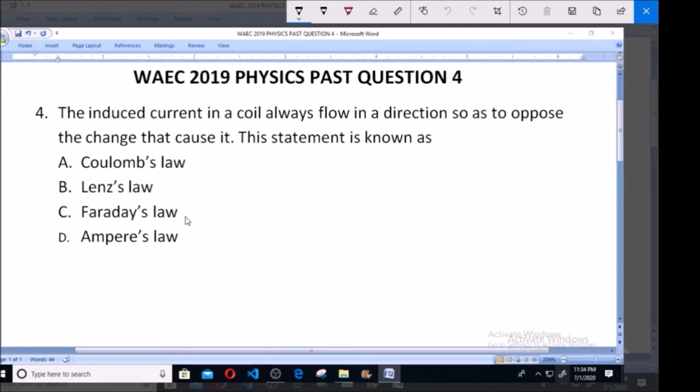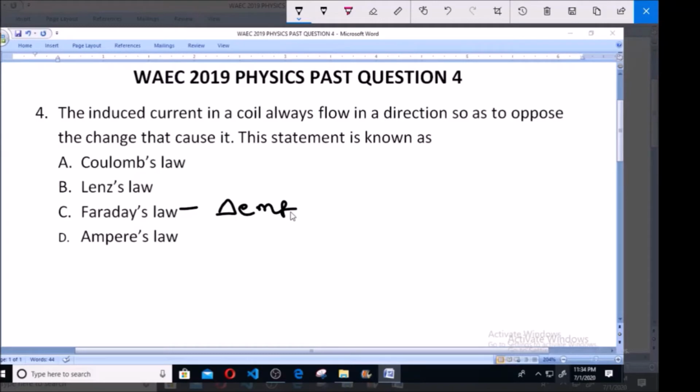I'm going to start with Faraday's law. Faraday's law states that whenever there is a change in magnetic lines of force, EMF is induced.